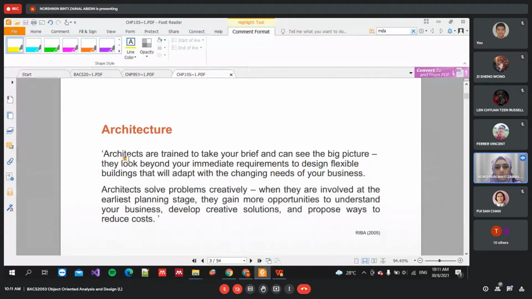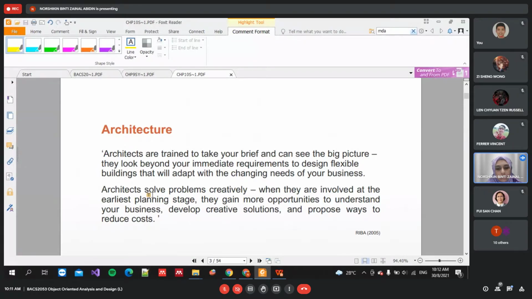The system architect will be involved in the earlier phase of our SDLC. As we already covered, the system development life cycle has planning, analysis, designing, implementation, and maintenance. The system architect will be involved in the earlier phase, usually planning and analysis, and will design the architecture of our whole system.